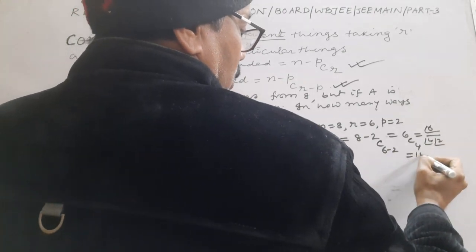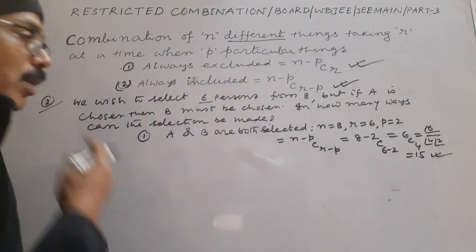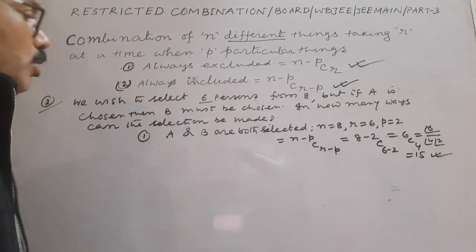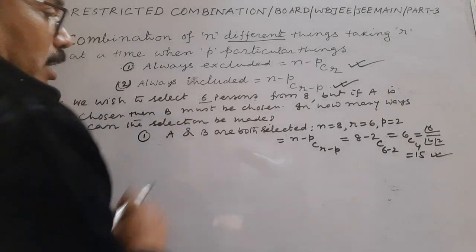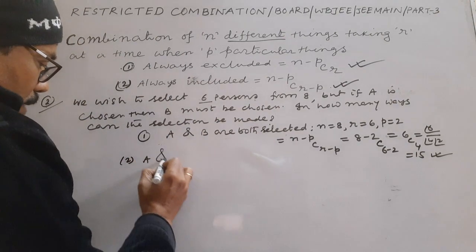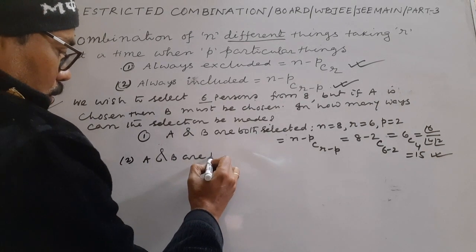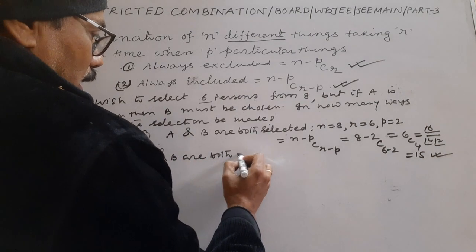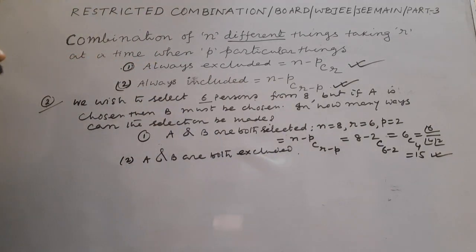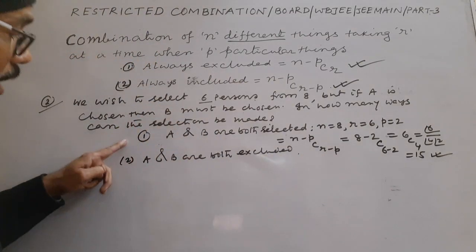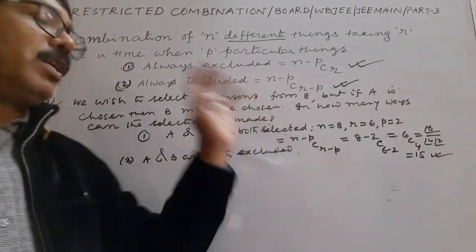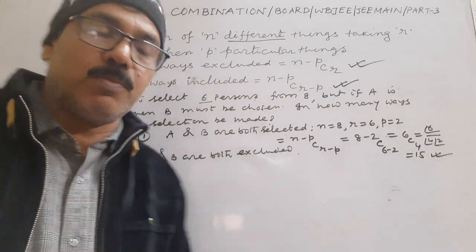So, this is 15. So, number 1 is 15, A and B are both selected. Number 2, A and B are both excluded. This is also possible. What is our condition? If A is selected, then B is selected. So, both may be excluded. This is one possible case.